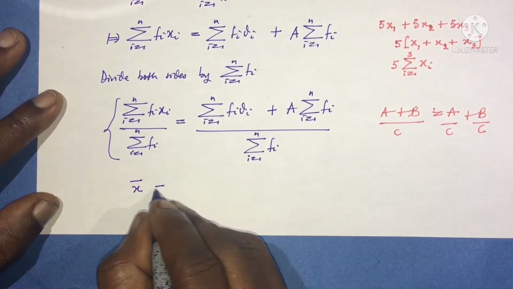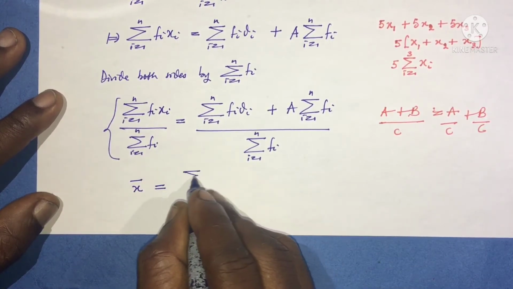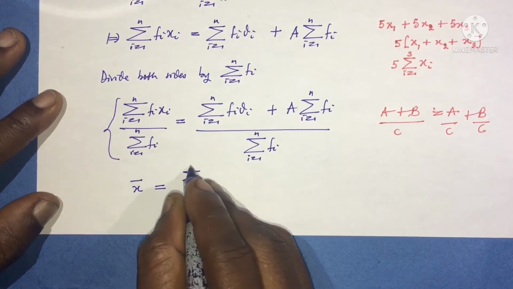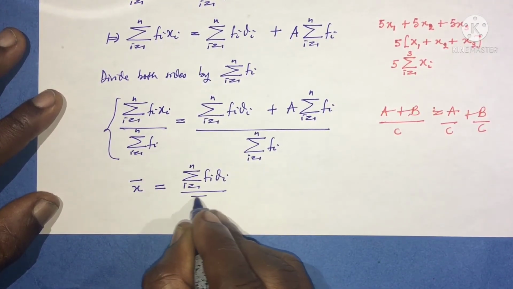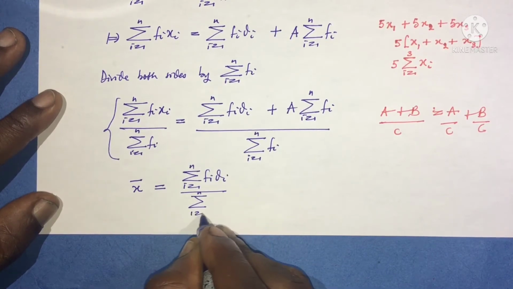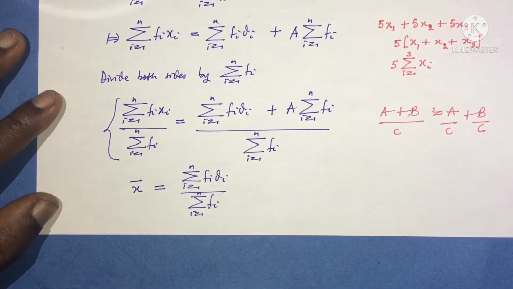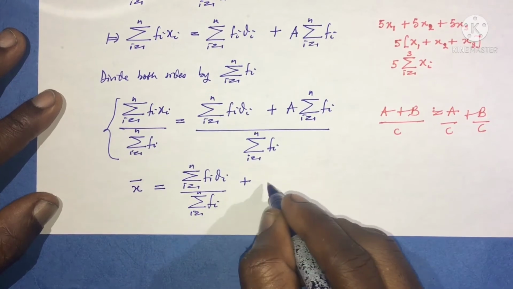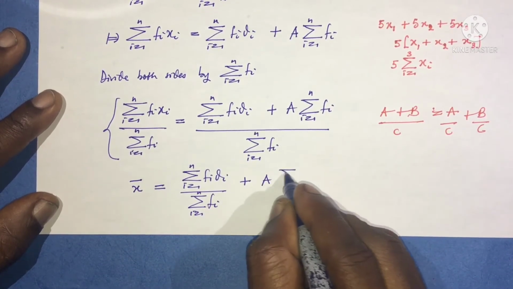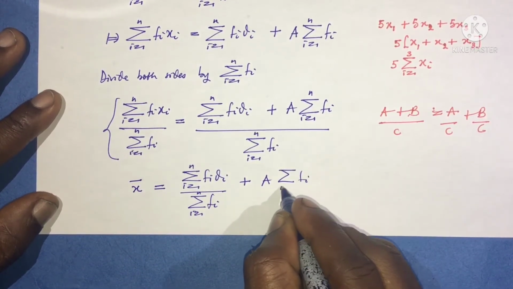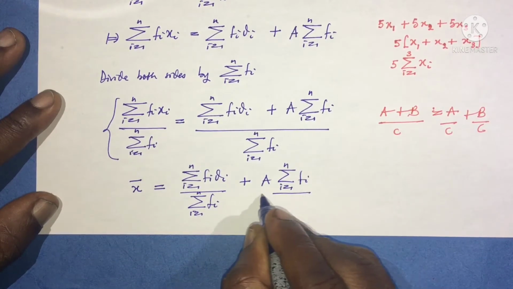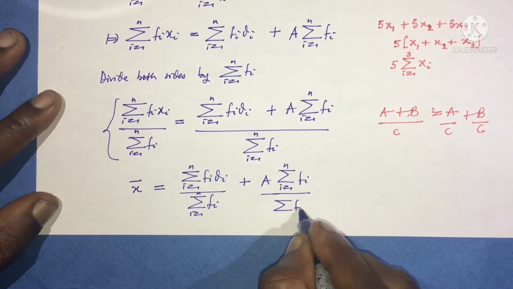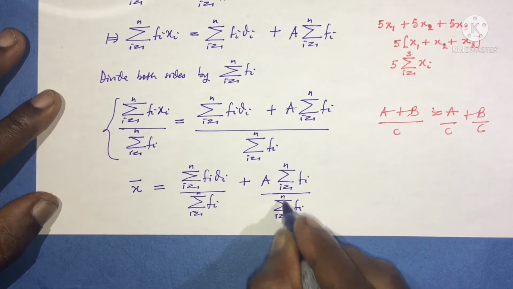Now, on this other part, we are going to have the summation from i equals 1 to n of fi di all over the summation from i equals 1 to n of fi, added to a times the summation of fi from i equals 1 to n all over the summation of fi from i equals 1 to n.